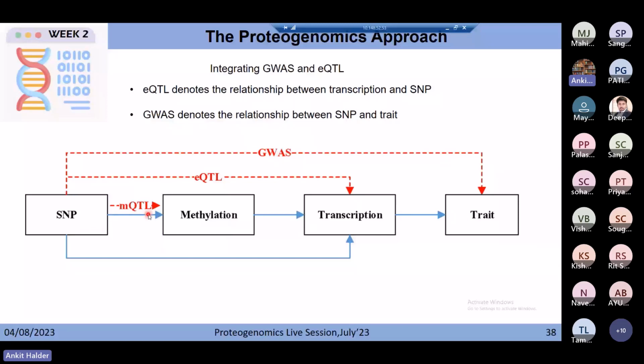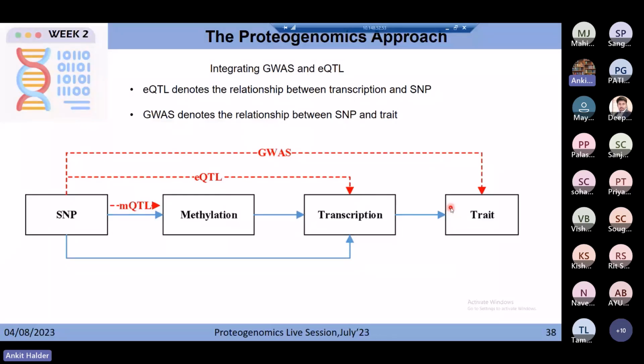Now this further leads to a difference in the transcription level. So this gives us the QTL linking the SNP at the transcript or mRNA level, that is your expression quantitative trait loci. Now how much this particular SNP is seen in the population, using the GWAS, gives us the trait.